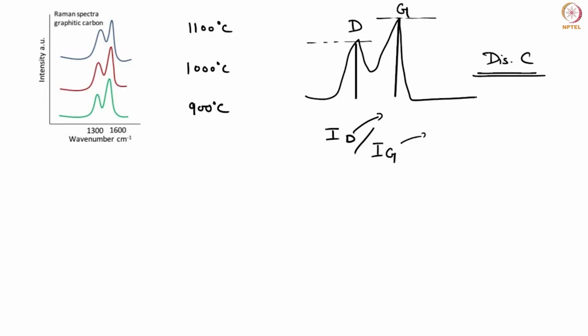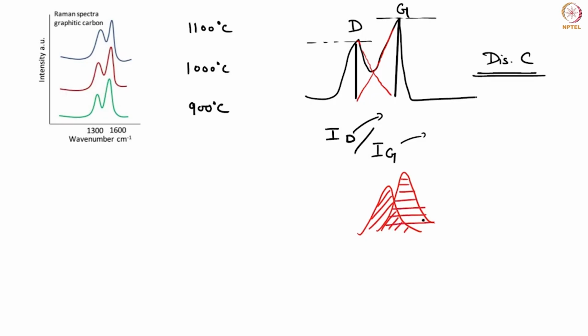But in principle, because your peaks are merged, what you have here is not really two clear peaks. Your D peak can also be like this, as we also saw in the class, and your G peak can also be like this. So you will have two different peaks, and if you want to get more accurate information, you need to fit these peaks and find the actual area of individual peaks.